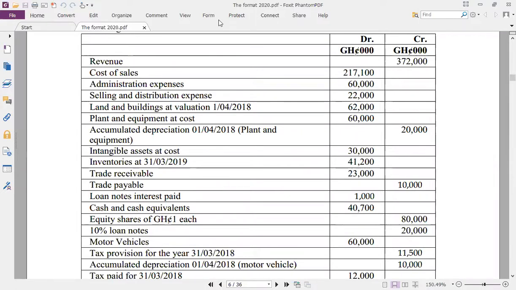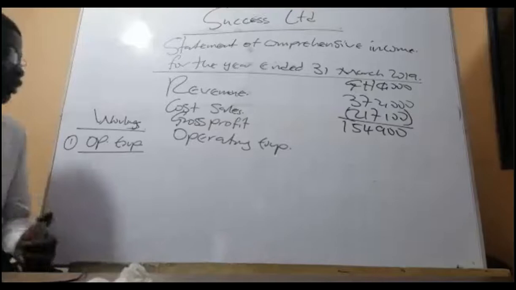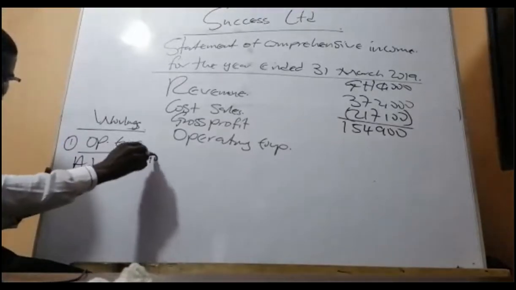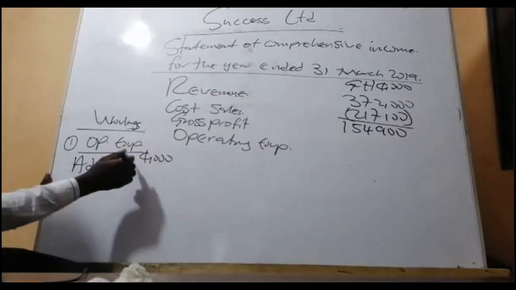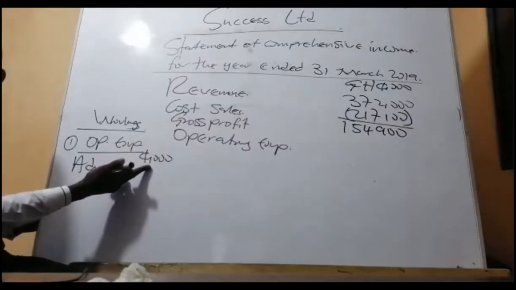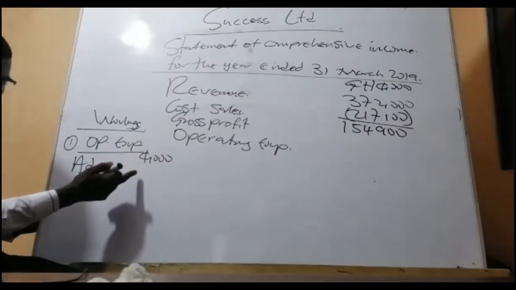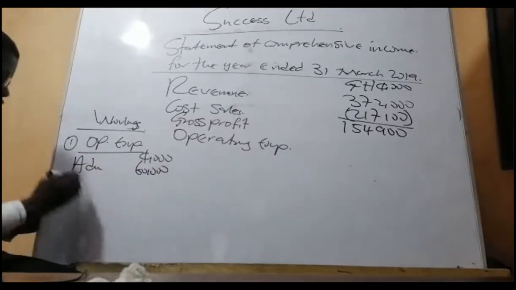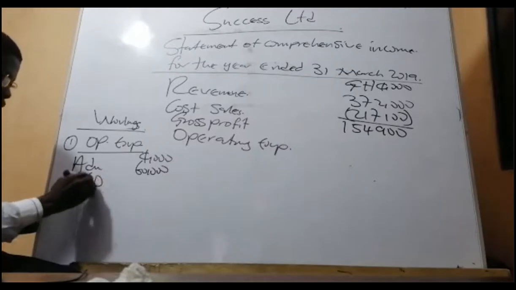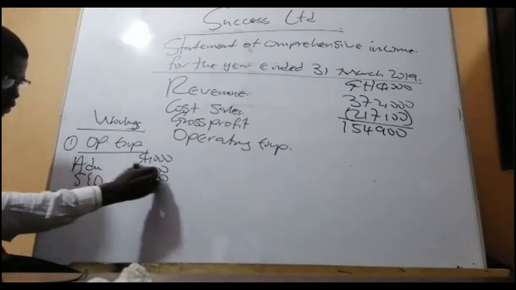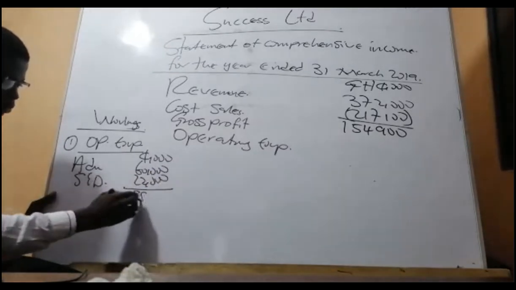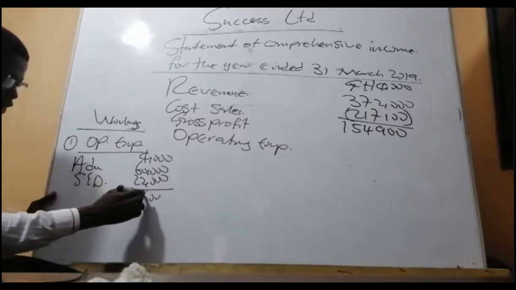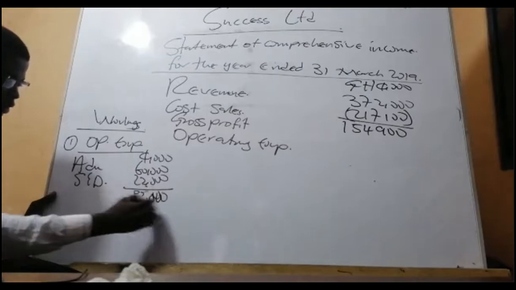So admin, please, don't say that it's working, so you're not going to bring the three zeros. So admin is 60,000, right? Then selling and distribution is what? So therefore you get 82,000.